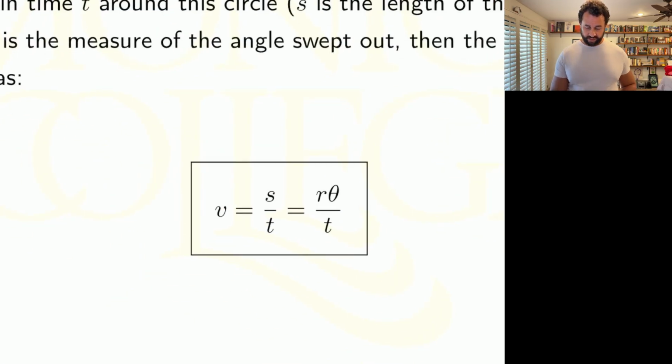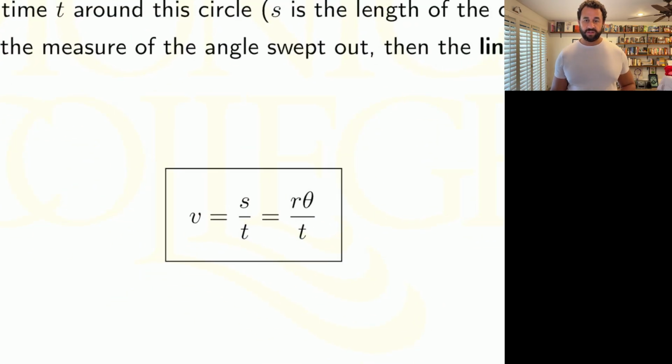The linear or tangential velocity is s over t. In other words, the length of that arc divided by t. But remember, s is r theta, right? So the tangential velocity is r theta divided by t.